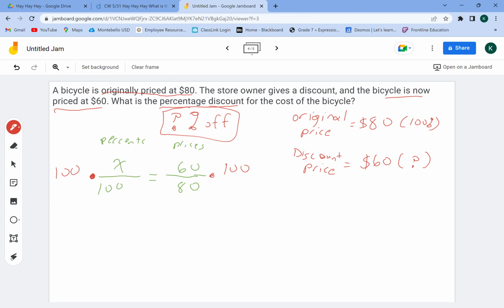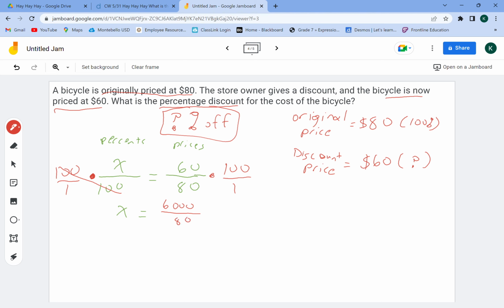There's a 1 underneath here, so this creates a giant 1, and I'm just left with x. On the other side, this also has a giant 1, so I'm just going to multiply right here: 60 times 100 gives me 6,000 over 80 times 1, which gives me 80.